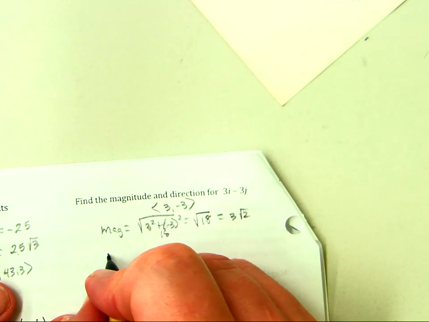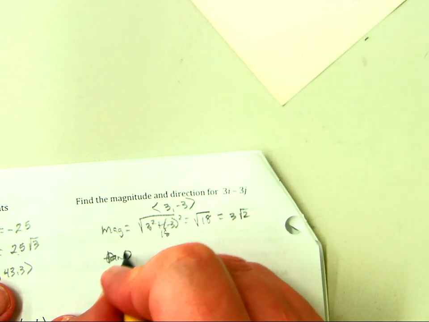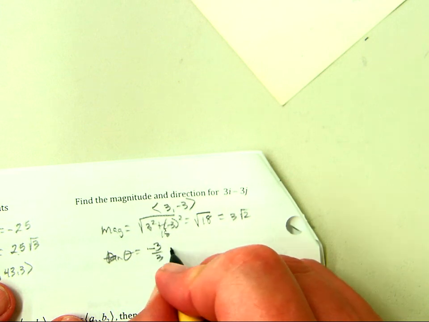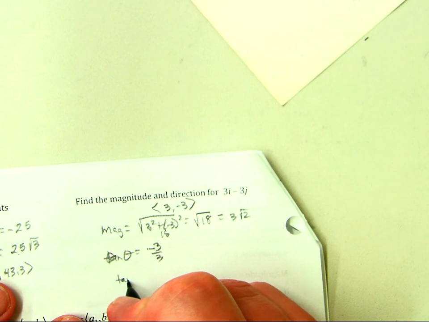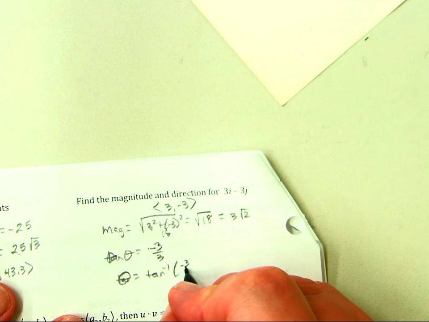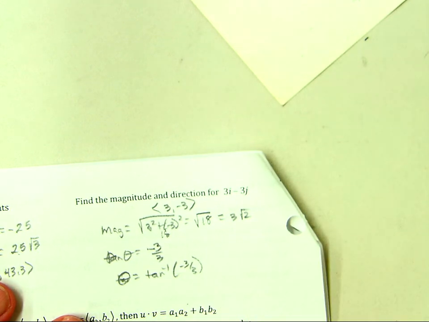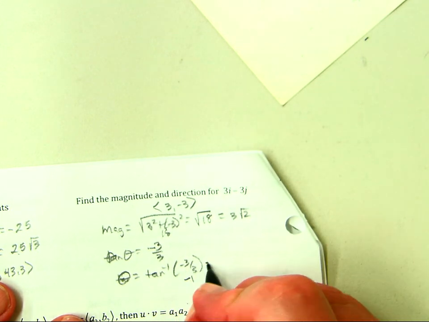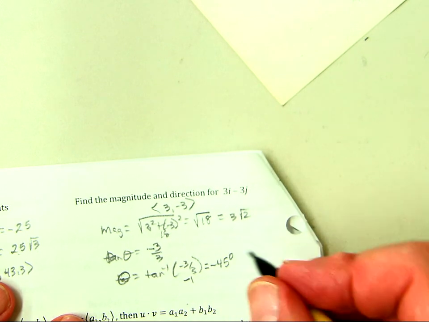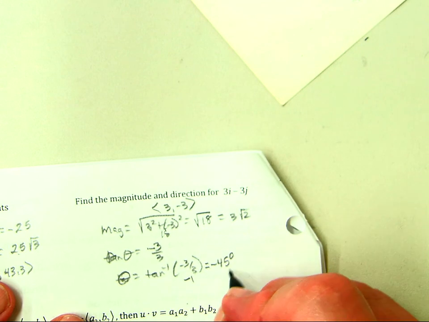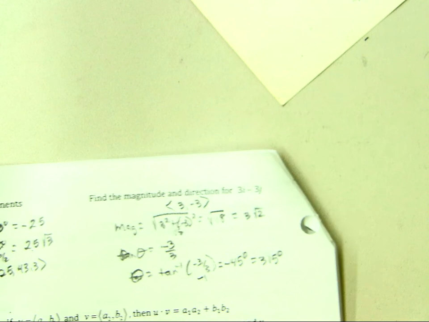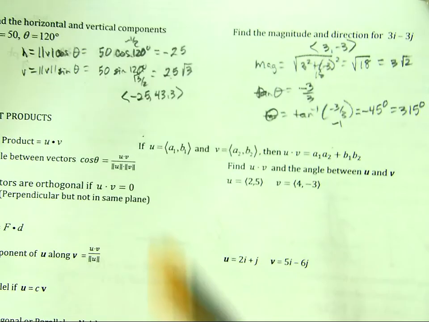For the direction, we have tangent of theta equals b over a. So theta equals the inverse tangent of negative 3 over 3. Well, the inverse tangent of negative 1 is a negative 45 degrees. Or if you did that from north, that'd be 315 degrees. So that's the intro.